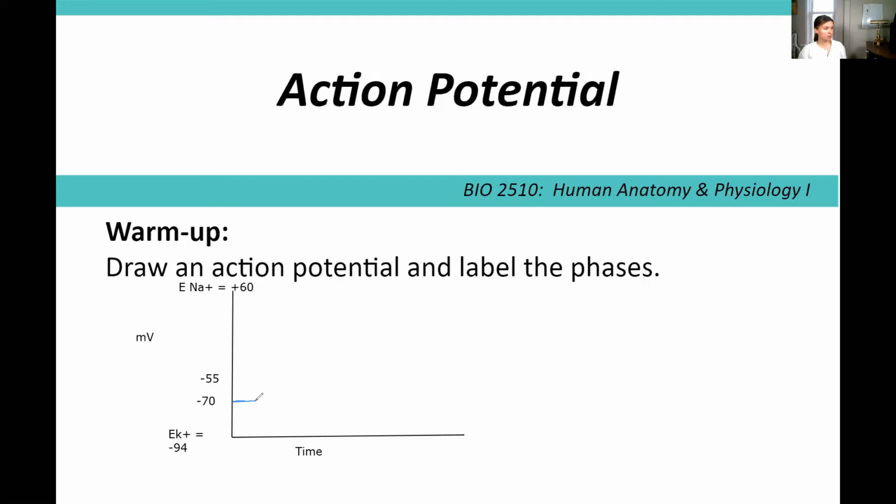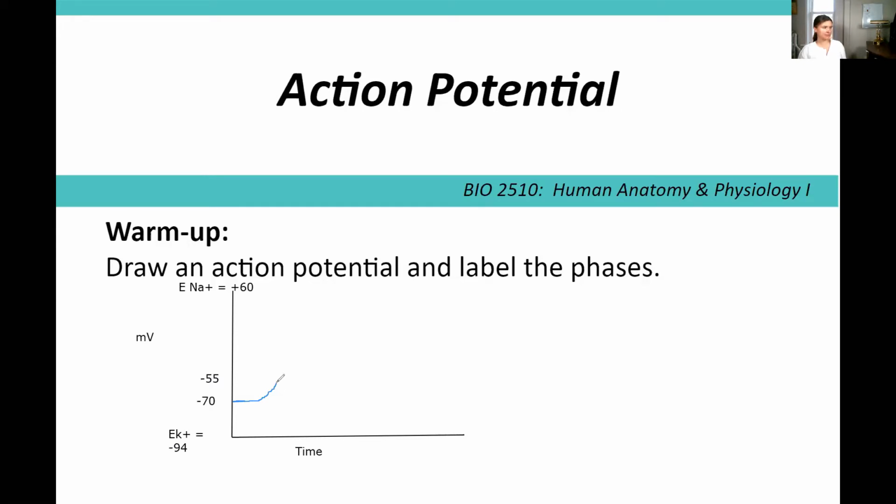Then we're going to work up to our threshold depolarization, because we're moving away from -70 in a positive direction. So we get up to -55. The way we would do this is by having graded potentials that potentially add up to this number. So we have a certain amount of sodium flow in response to stimuli that gets us to -55.